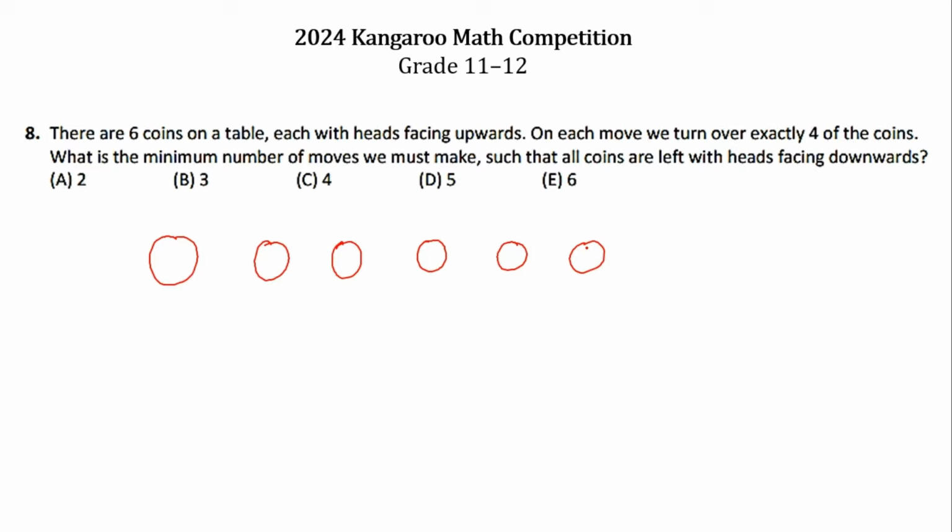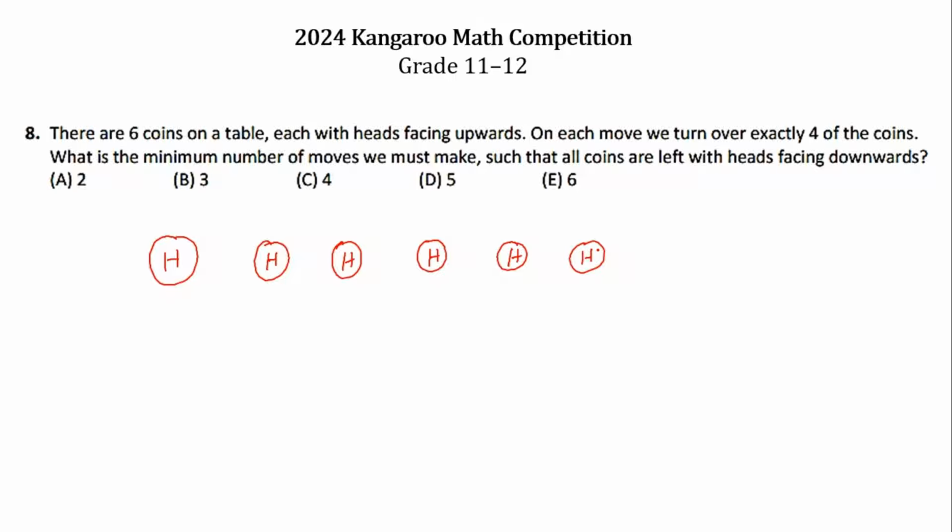So originally, the heads are shown, right? So heads. Okay. We don't know yet the minimum number of moves we can make, so that at the end of the last move, we will have all heads facing downwards.